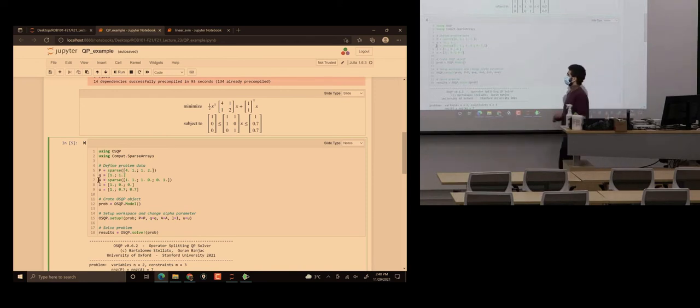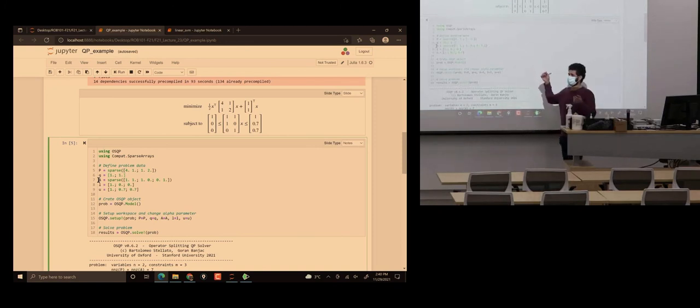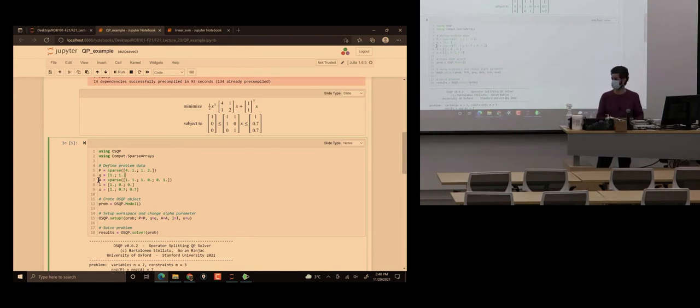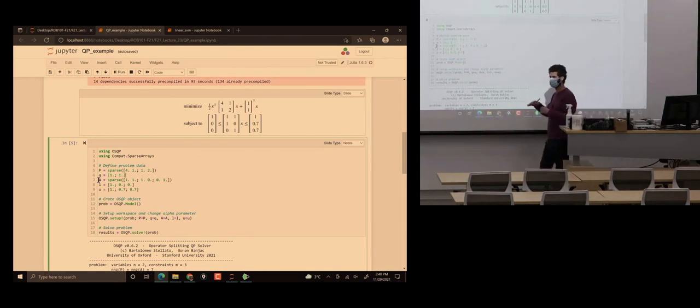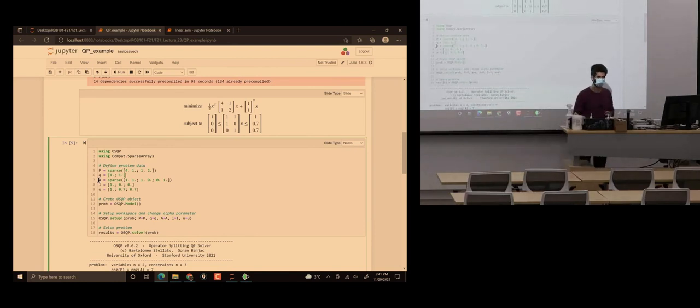Then combine all the constraints into this form: a matrix A times your vector x, some lower bound, some upper bound. You can always do that. That's just a different way of writing our equations.